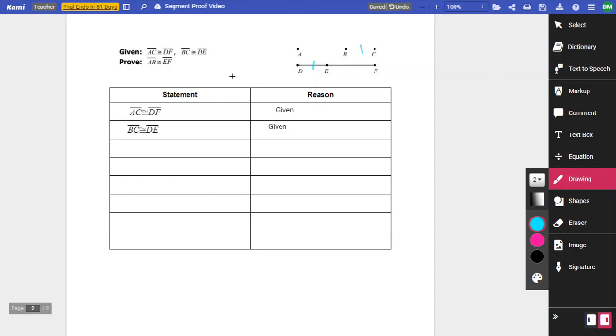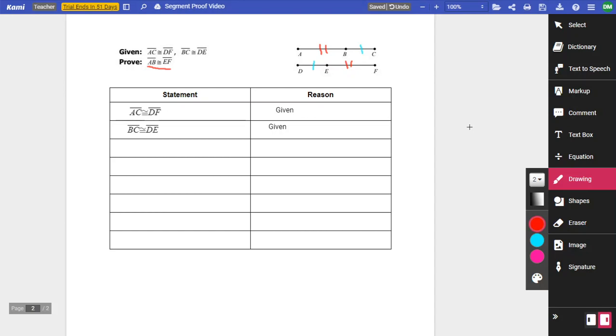I'm going to make some marks there, and then what I want to show, and maybe I'll put this one in like red, what I want to prove is that AB is congruent to EF. So this is my goal in red, and I just have to get there. Okay, let's see how we can get there.